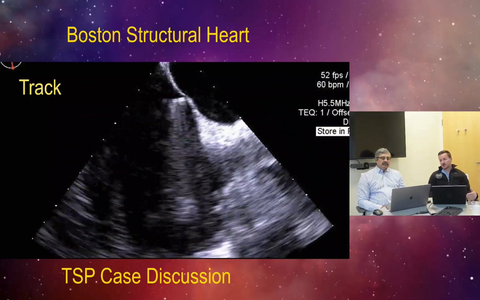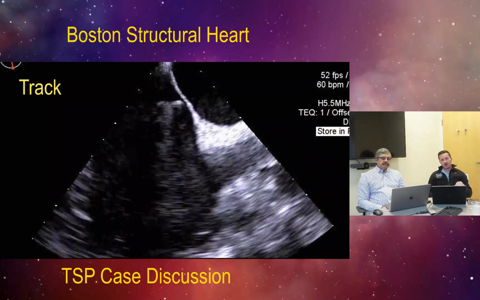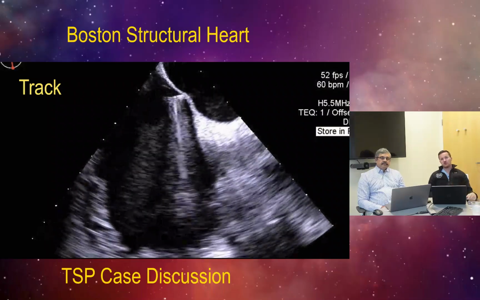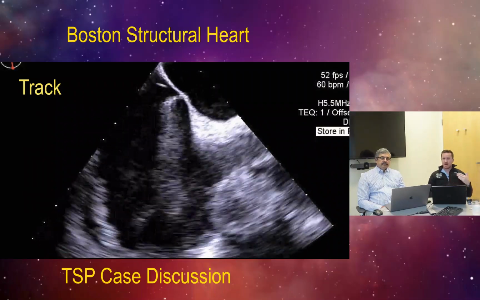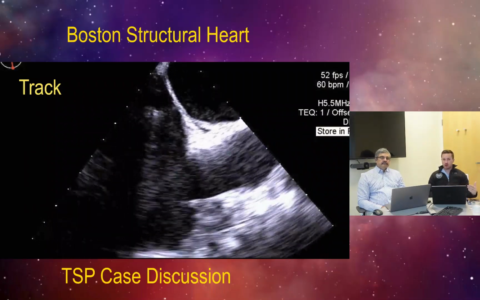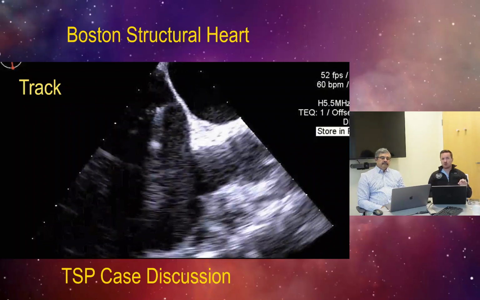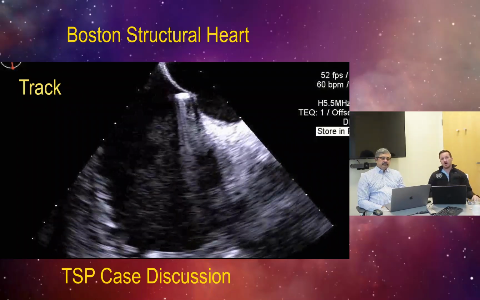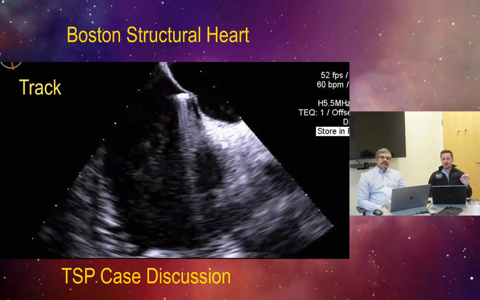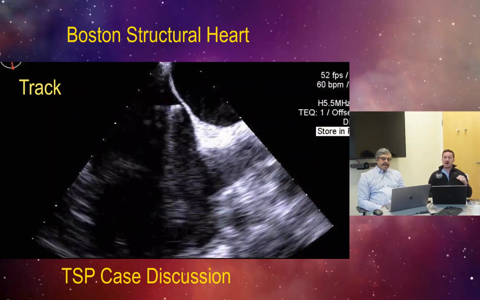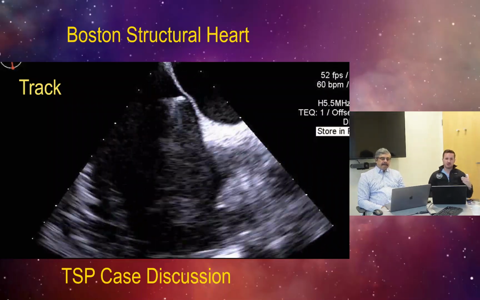And we find that if you're having trouble finding the tip, if you try to look for this artifact, this is a very good, quick way to identify that you are actually looking at the tip of the needle that's being used to cross the interatrial septum, and you're not just looking at the shaft of the needle.